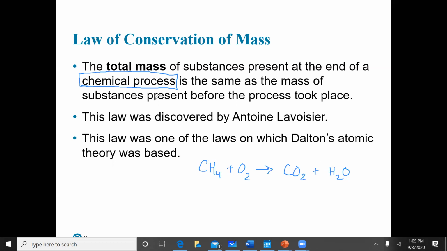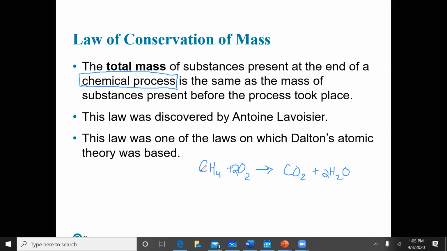That does not follow the conservation of mass. So I'm going to put a 2 in front of H2O. I have 2 oxygens here, and I have 2 oxygens here, and then I have an additional 2 oxygens here, so I'm going to put a 2 here.